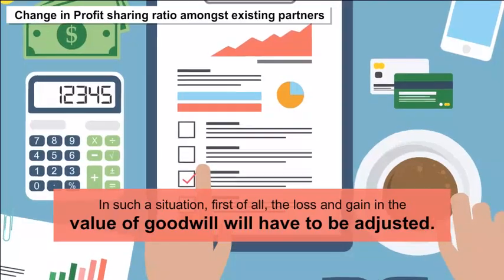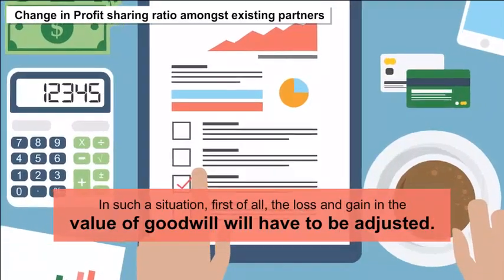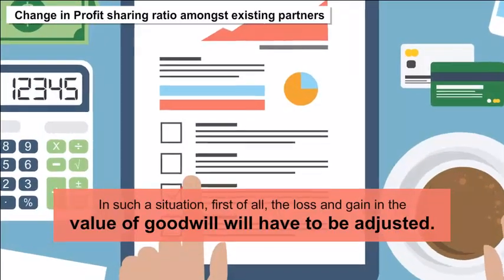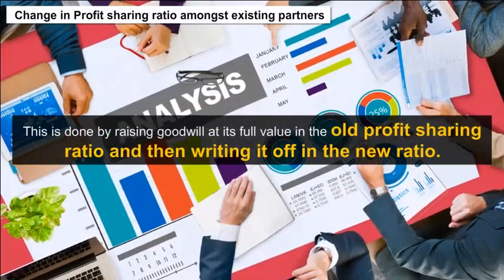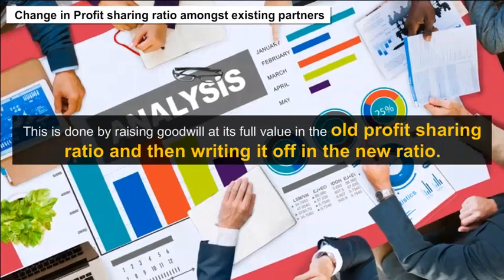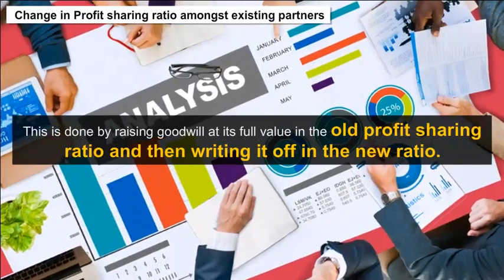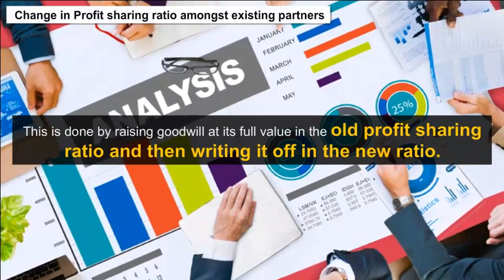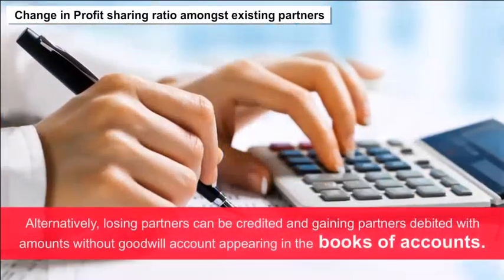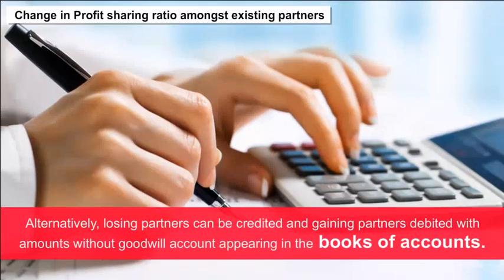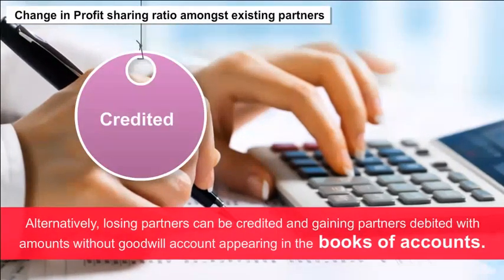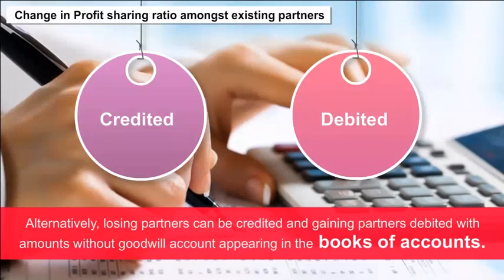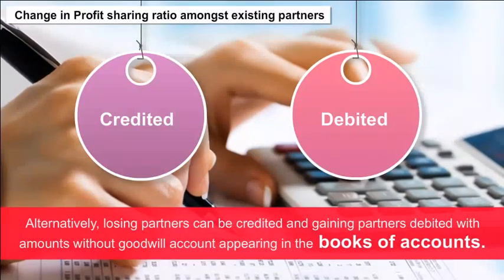In such a situation, first of all, the loss and gain in the value of goodwill will have to be adjusted. This is done by raising goodwill at its full value in the old profit-sharing ratio and then writing it off in the new ratio. Alternatively, losing partners can be credited and gaining partners debited with amounts without goodwill account appearing in the books of accounts.